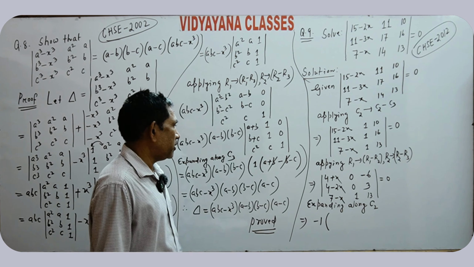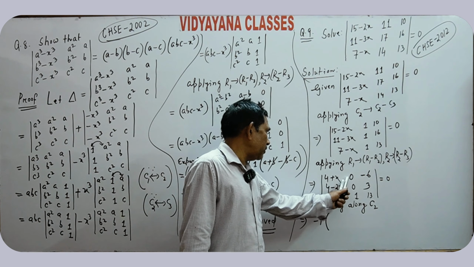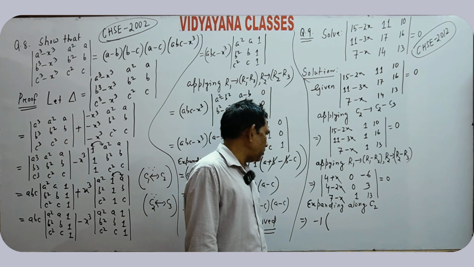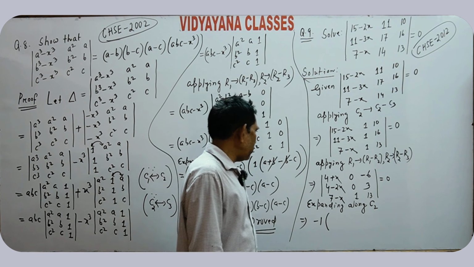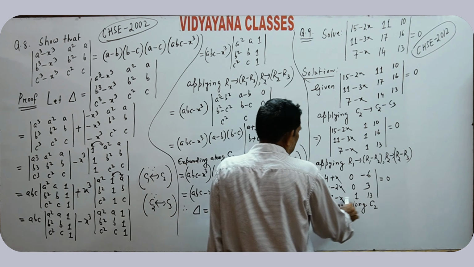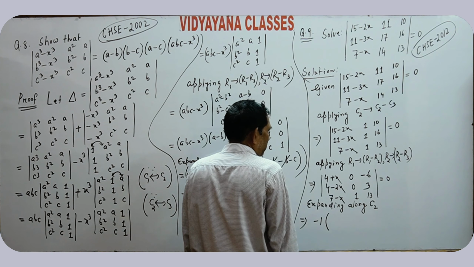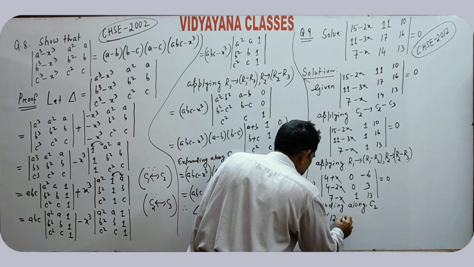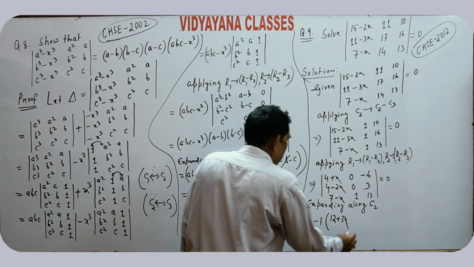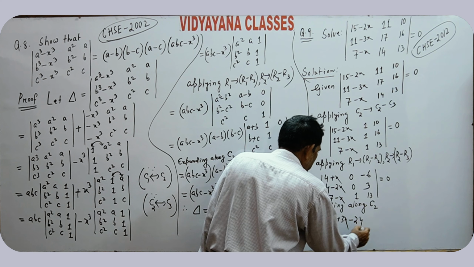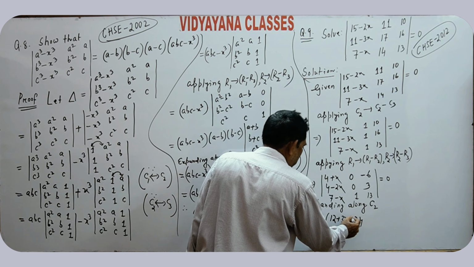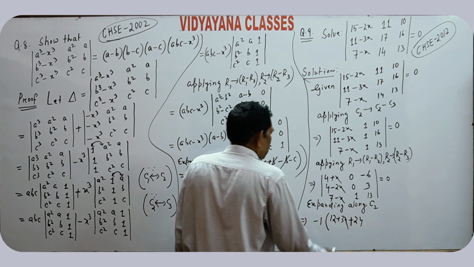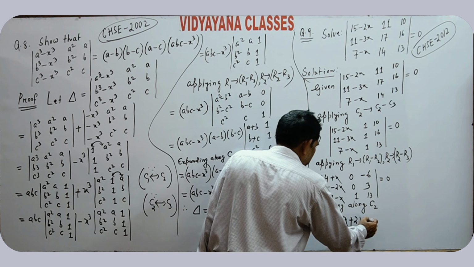Minus 1 into, the sign of 1 is negative, its value is 0, negative of 1. Deleting the third row and the second column, it gives 3 into 4 that is 12 plus 3x, minus of 24, plus 24, minus 12.